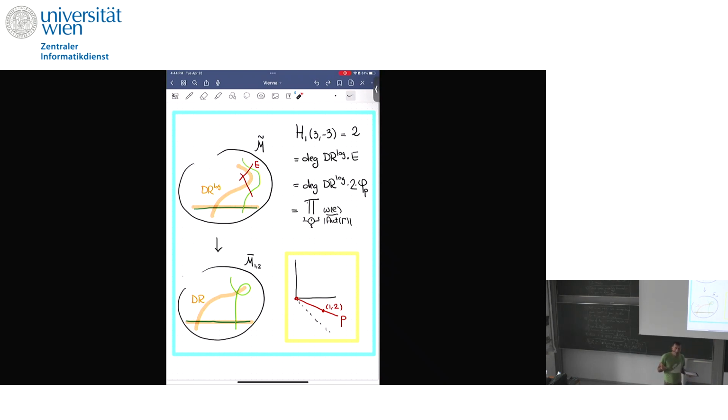But you see, the point is the following. When you define your DR cycle using the stable relative maps, you did include something that you wouldn't have if you would just define it by admissible covers. Yeah. So you first include an extra stratum that actually spoils all your computation, and then you fight hard with this logarithmic Chow ring to get out of this.